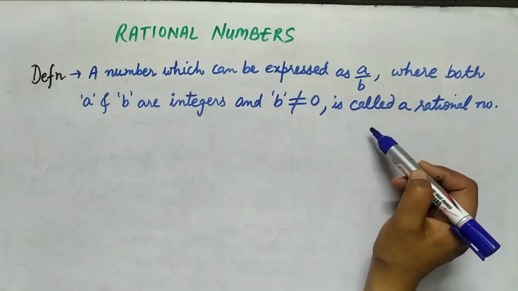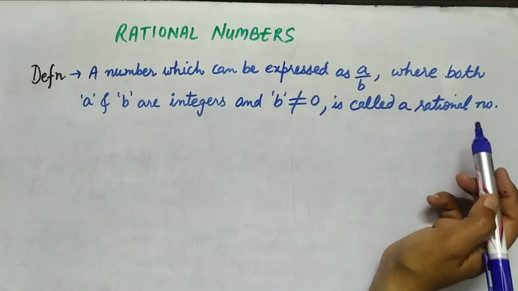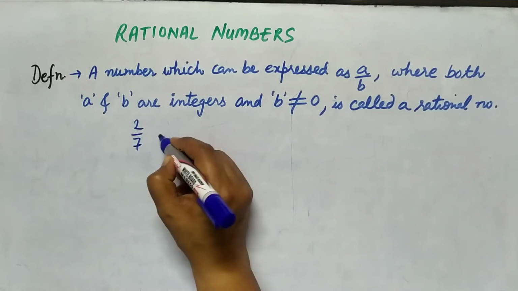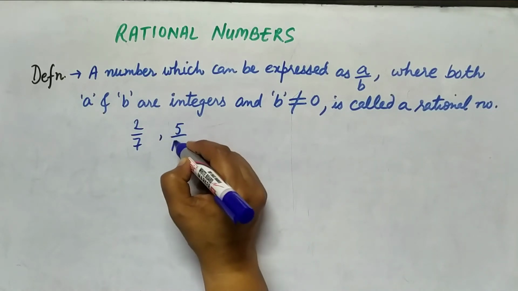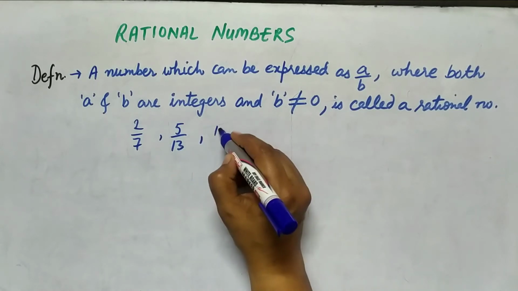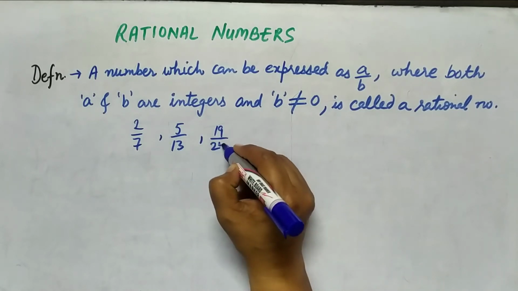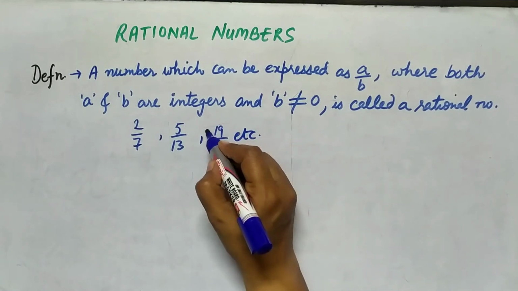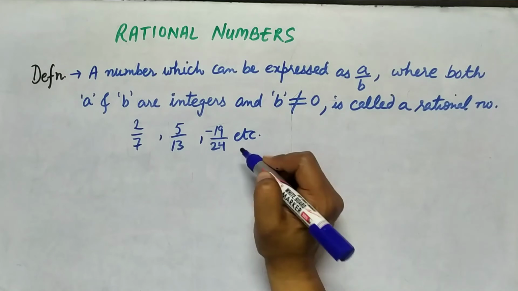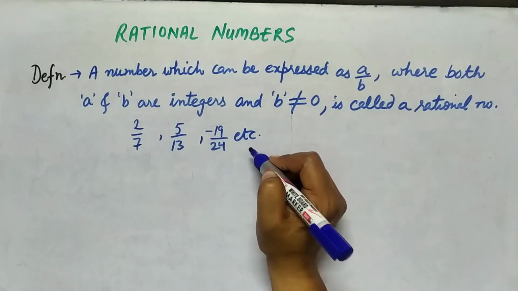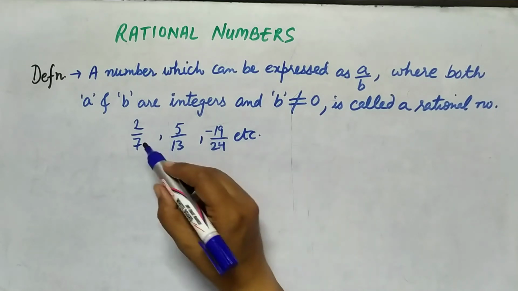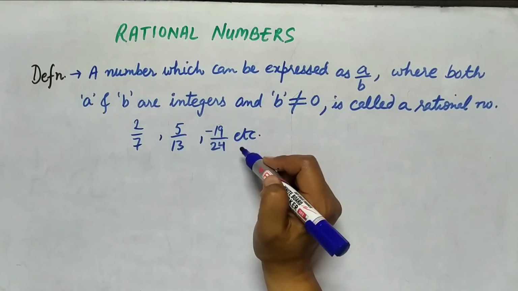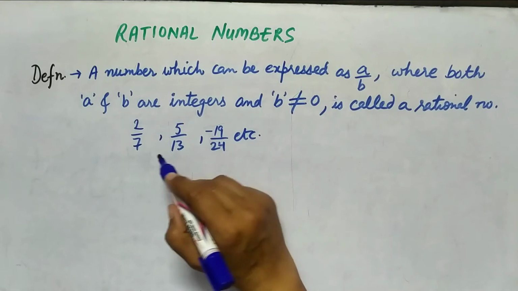Such a type of number is called a rational number. For example, 2 upon 7, 5 upon 13, 19 upon 24, etc. This can be negative.